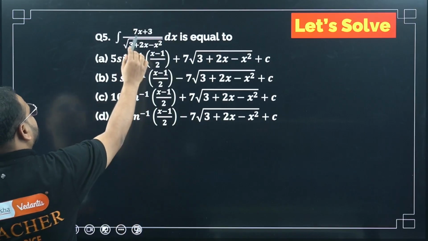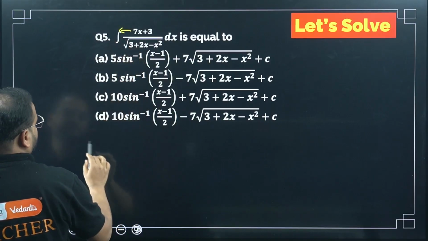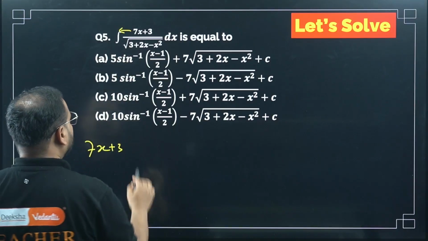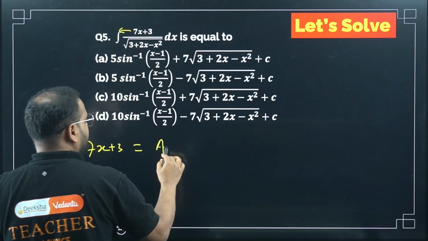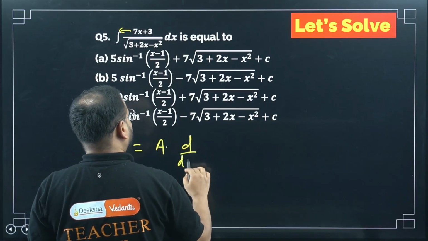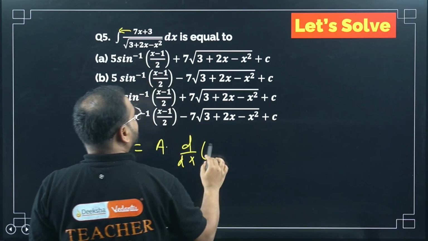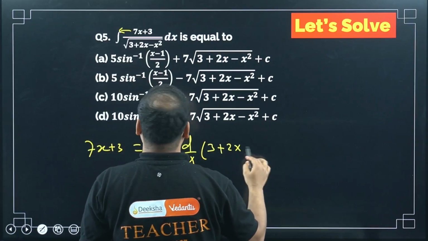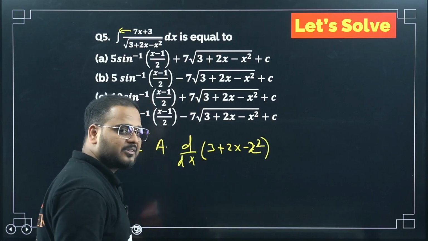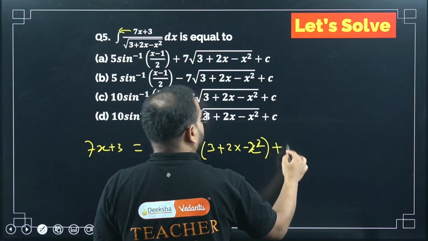So what was given? Whatever is the numerator, write that equal to a variable a multiplied with the differentiation of the denominator, not the root, only the values, like this, and plus a variable b.